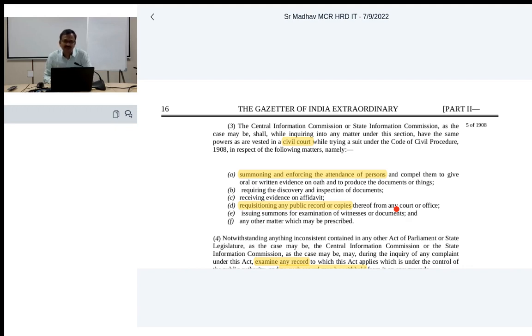Their district courts have jurisdiction over these disputes, and though they have certain powers to initiate proceedings against officers for loss or destruction of records, so far on record we don't have any single case where American courts initiated any action against an officer for loss of records or delaying the disclosure of records.